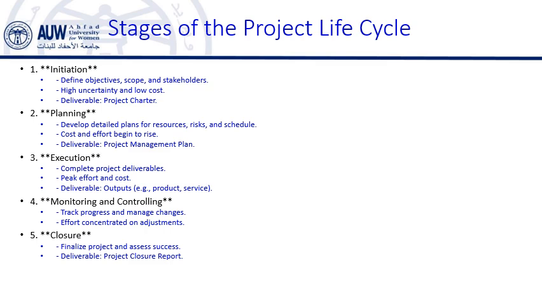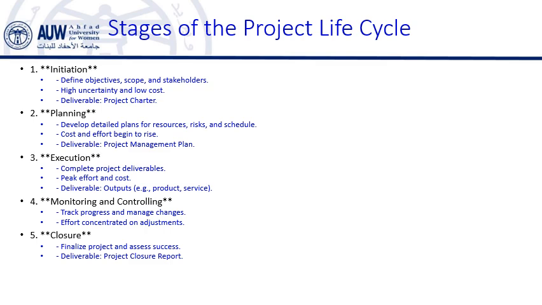Decisions regarding feasibility and resources are still being made. So for example, consider a new product development project. In the initiation phase, the team will identify customer needs, define the product concept, and determine if the project is feasible or not.